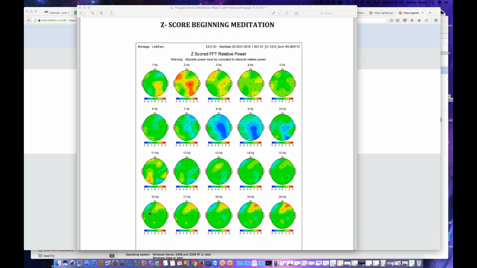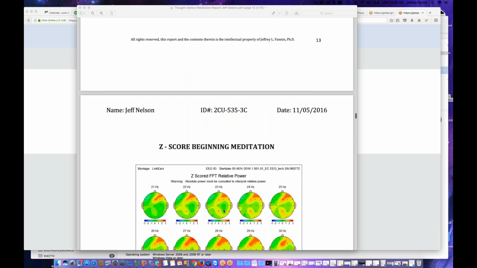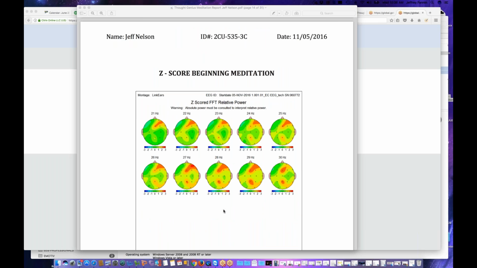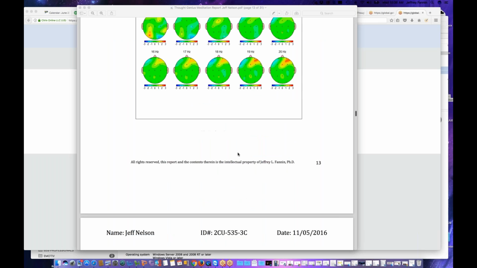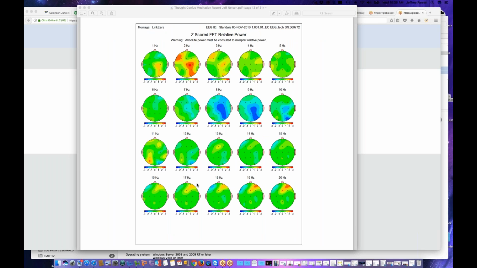Now, when we get down here to the beta, from 16 all the way through 30, we can see a little bit of blue in here, and even when you get down here, the dynamics change a little bit from 21 on. But let's talk about this here.